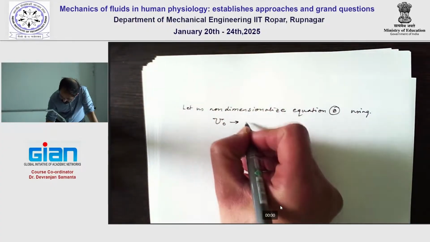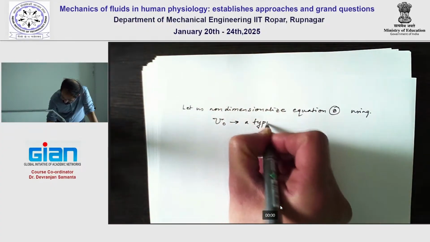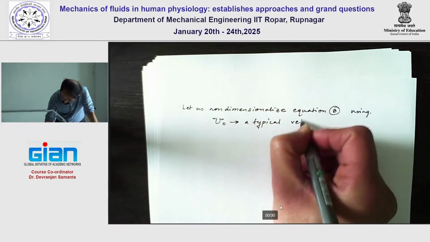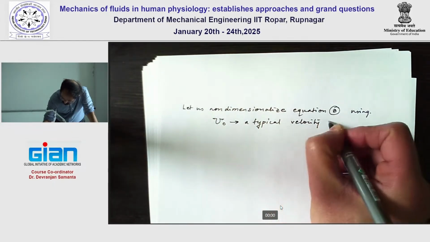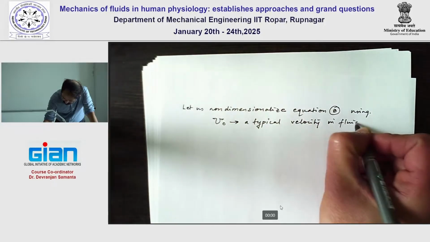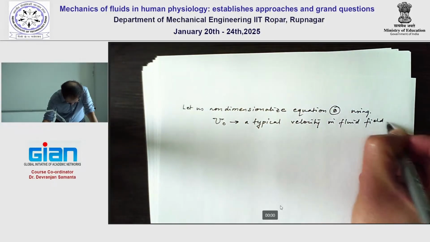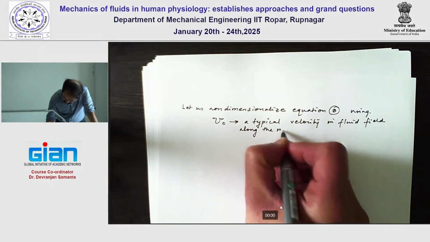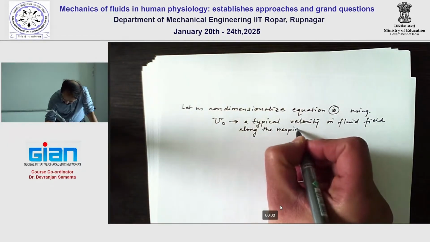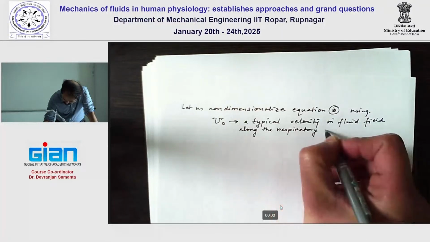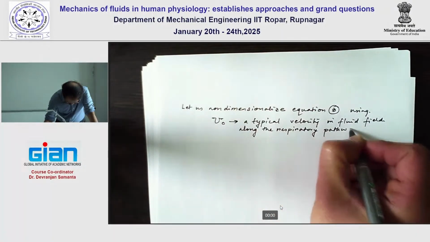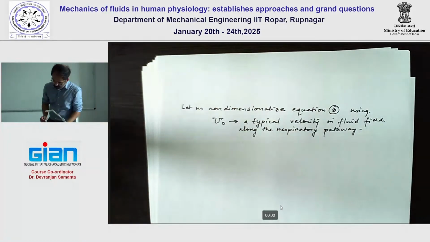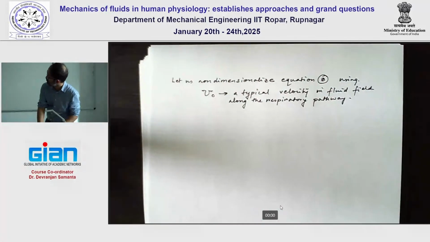So u naught is a typical velocity in the fluid field along the respiratory pathway. So it could be, as I said, depending on the problem, at an appropriate region along the respiratory tract.